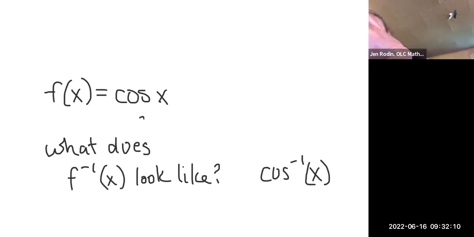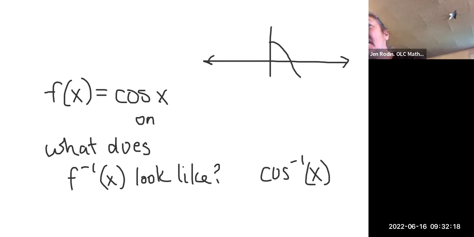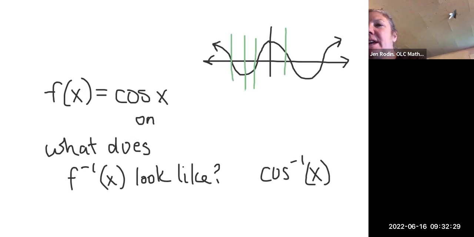And let's say we can't find the inverse on its whole domain because remember what cosine looks like. It passes the vertical line test, so it's 1-to-1. Every x gets one unique y value, right? But it's not onto because it fails the horizontal line test. Look at that.